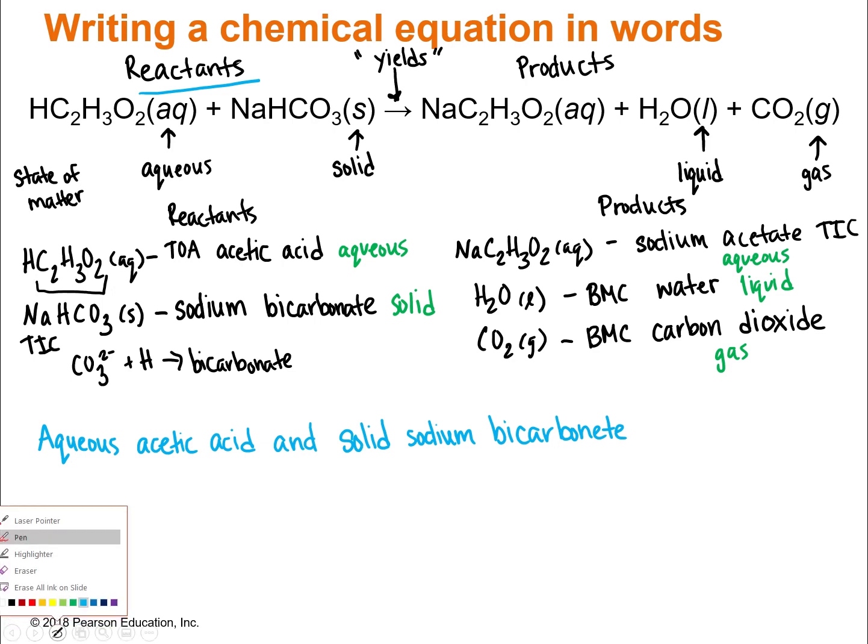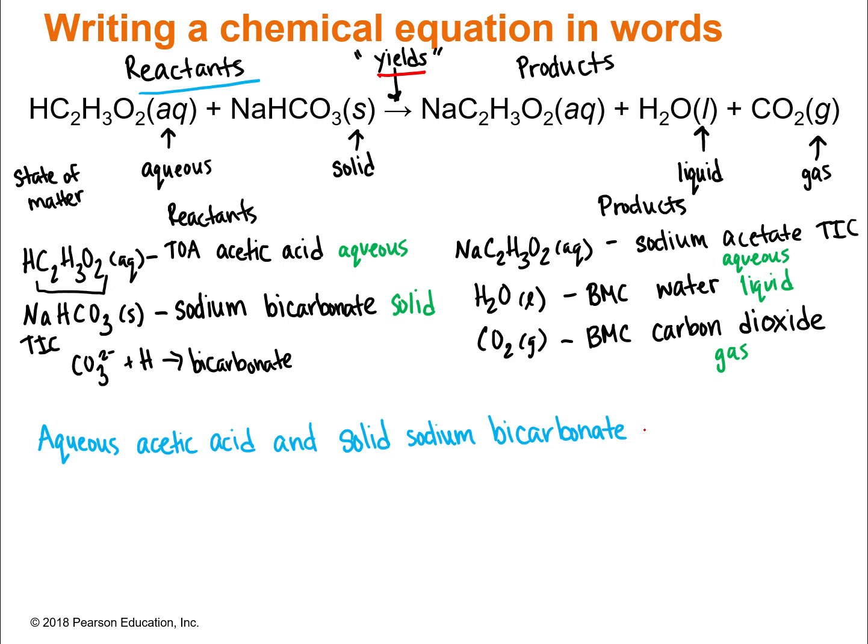Now we've got to talk about the arrow. So I'll do this part in red. And I just noticed, hold on. I'm going to get it together one of these days. You can have an off day too. It's all right. Now we'll talk about the arrow. So it's yields or something like that. For this, we're combining two things.